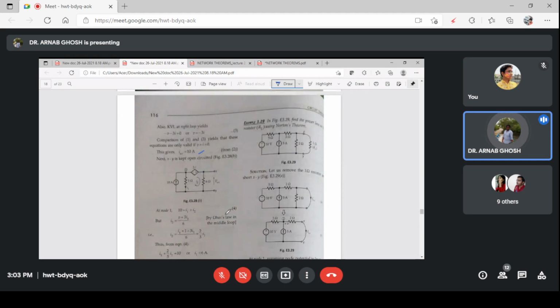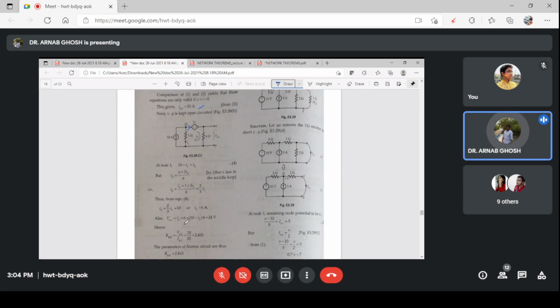Now you are open circuiting this. So 10 is equal to I1 plus I2. This is the current through this loop, and this is the current through this loop. So 10 will get divided into two parts, I1 and I2. If you calculate I2, your VOC will become I2 into 6.